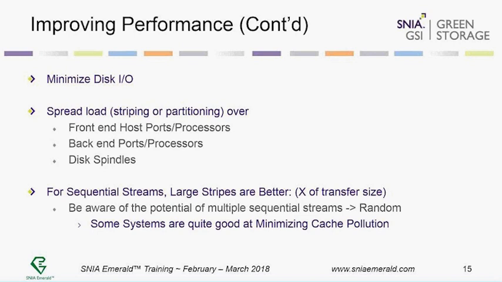What that does is it defeats the read ahead and also the write coalescing, the optimizations that can be done along the way. And last but not least, some of these systems are pretty good at minimizing the cross pollution of the cache, in that it can keep track of the I/O streams and not interleave them. Questions?